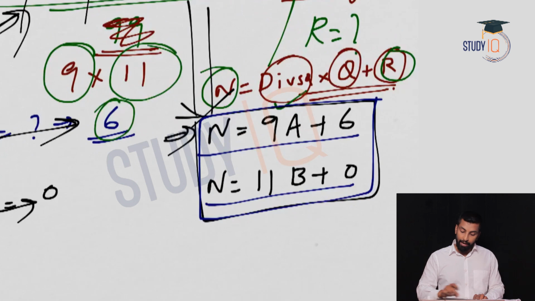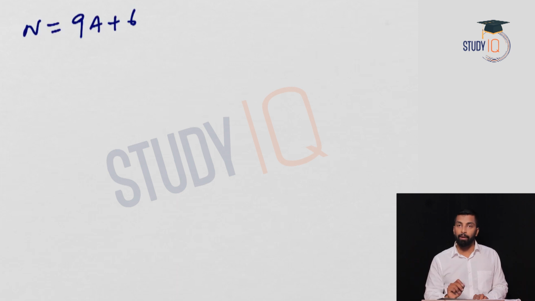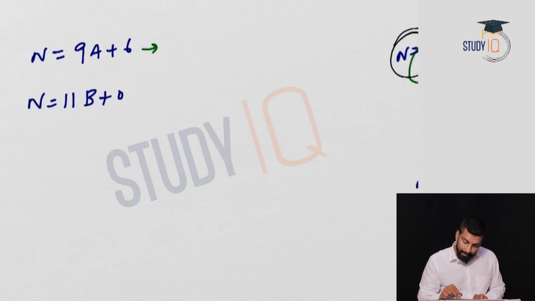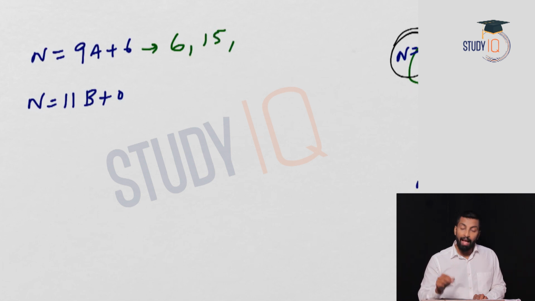Let me take that again. N is equal to 9a plus 6. That's the given number. Now, N is equal to 11b plus 0. That is also the given number itself. Why? Because if you write the possible numbers here, what is the first possible number? 6. Then you add 9, you get the next number 15. Add 9, then you get 24, then 33, then 42.